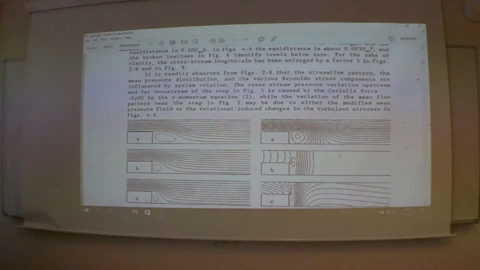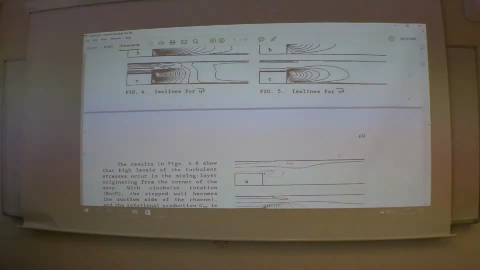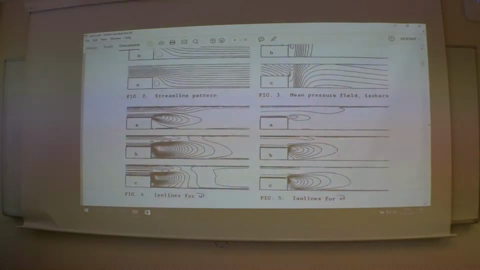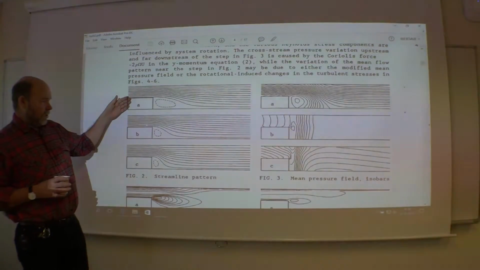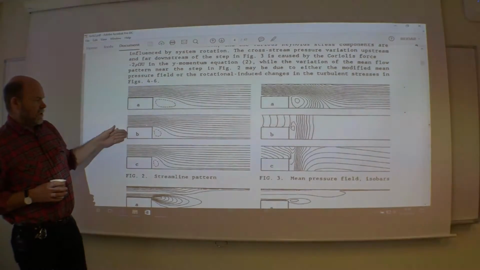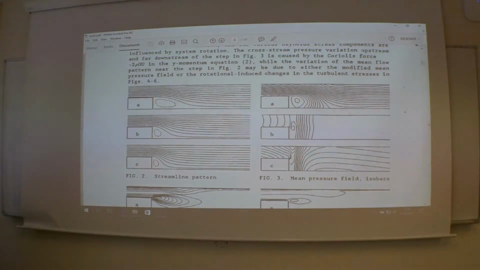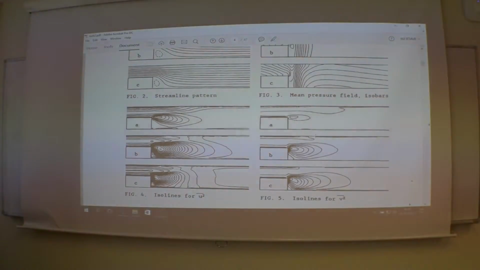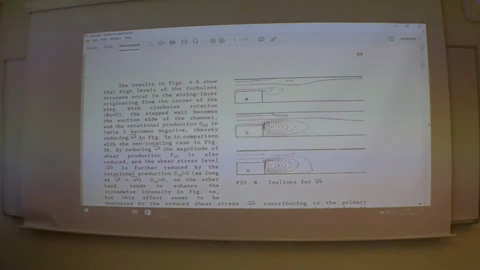If we look at some of the results, then I believe case B is without rotation, and A, that is the positive rotation, wasn't it? Should be listed somewhere.